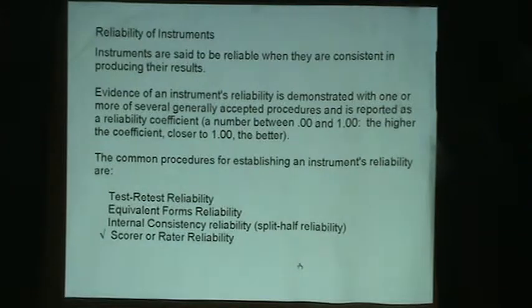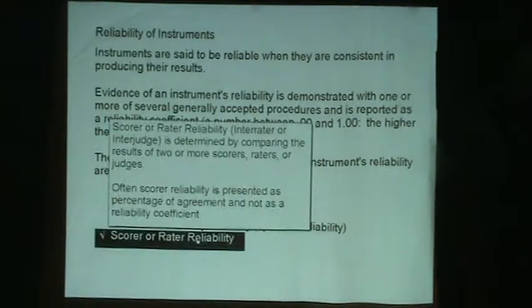And our last form is scorer or rater reliability. A lot of times research uses direct observation, let's say in a classroom. So there's an observer observing the student or a group of students or a teacher, but you need to have someone else occasionally come in and observe at the same time also, so that you can compare those two scores.